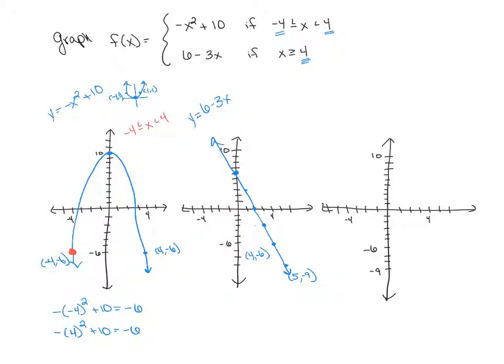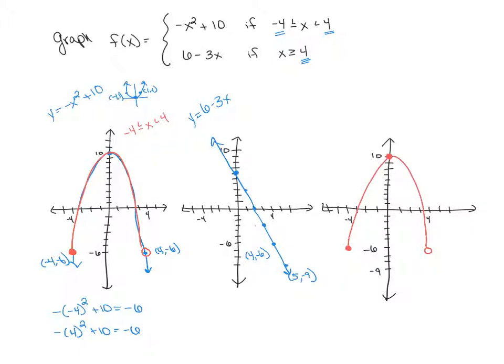At (4, -6), I will have an open circle because I don't have the equal sign in that interval, and I want points for any x value between -4 and 4. So that means that portion of my graph is going to go in my final picture. So I have (-4, -6). I have the point (0, 10). And then I have the open circle at (4, -6). I'm transferring the red that we selected here.